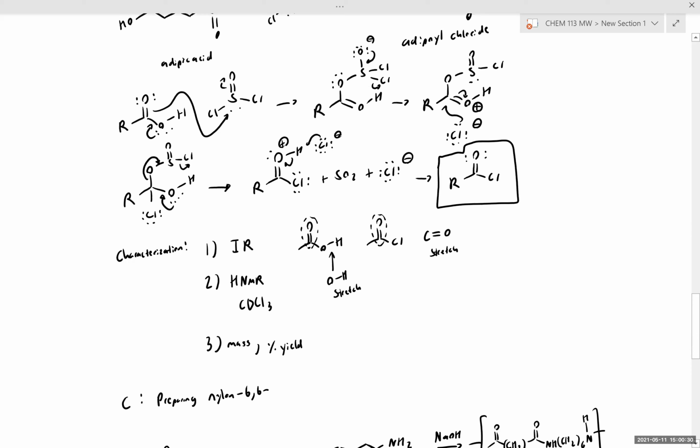So once we prepare our adipoyl chloride, we're going to characterize it via proton NMR, and we'll take an IR spectra and compare the carbonyl CO stretch in adipic acid and adipoyl chloride, as well as looking for the characteristic OH stretch for our carboxylic acid.